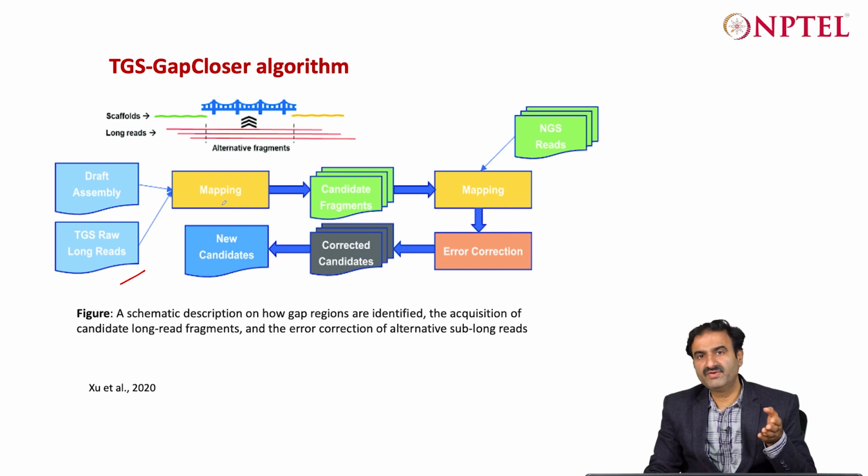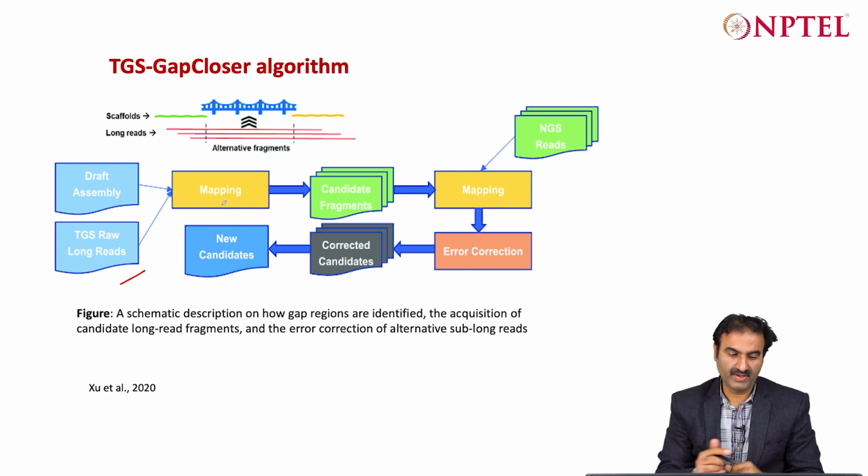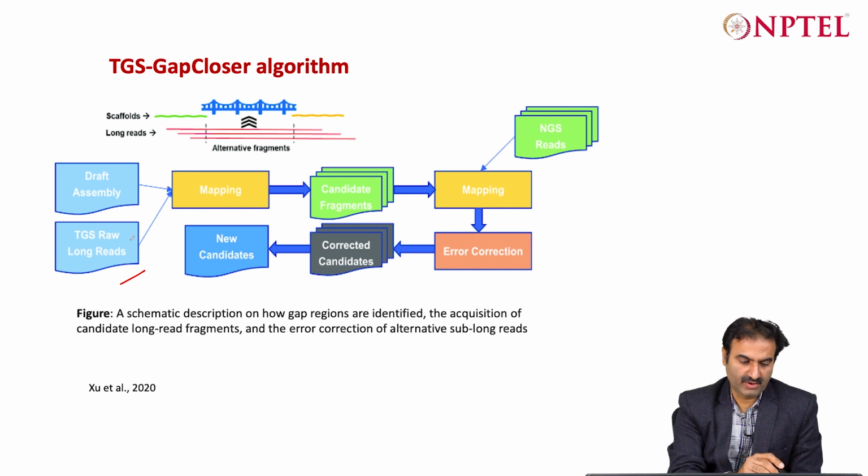But there were reads which are less than 5 KB, that means 1 KB, 2 KB, 3 KB, and intermediate range reads, okay, that were not used in the assembly process but still can be used to fill up these gaps, okay. So the raw long reads from ONT or PacBio are used, and mapped on the draft assembly to find the fragments which can fill up the gaps, right, okay.